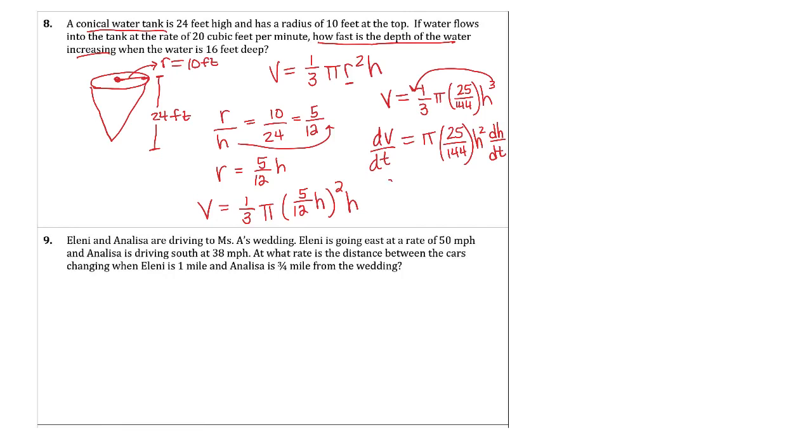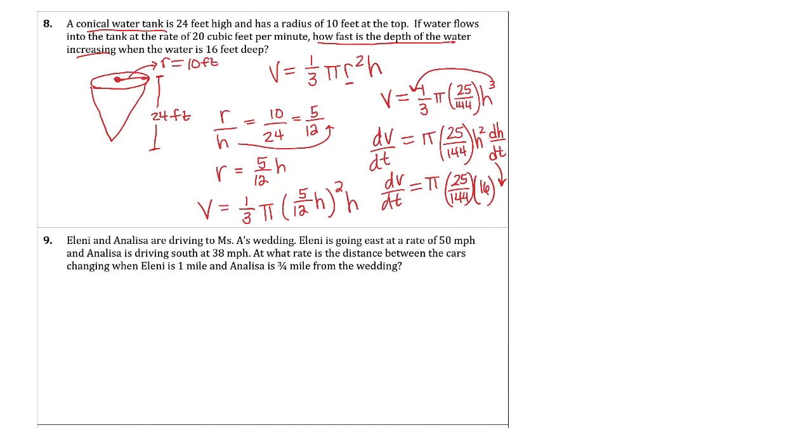So we have dV/dt equals pi times 25 over 144 times 16 squared dh/dt, and we're running out of room there. All right, so now we've got to find dh/dt.